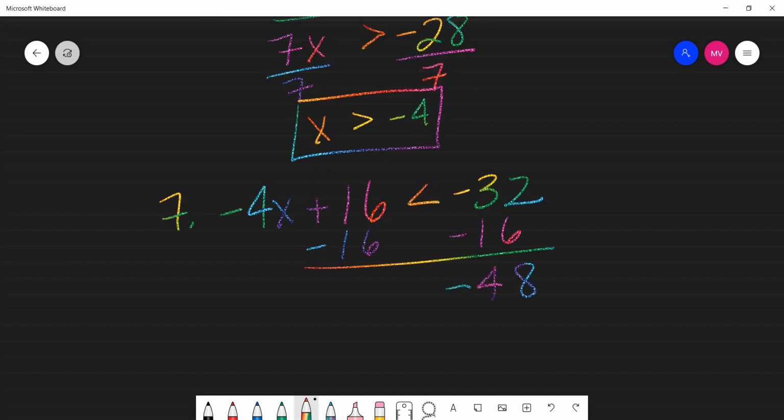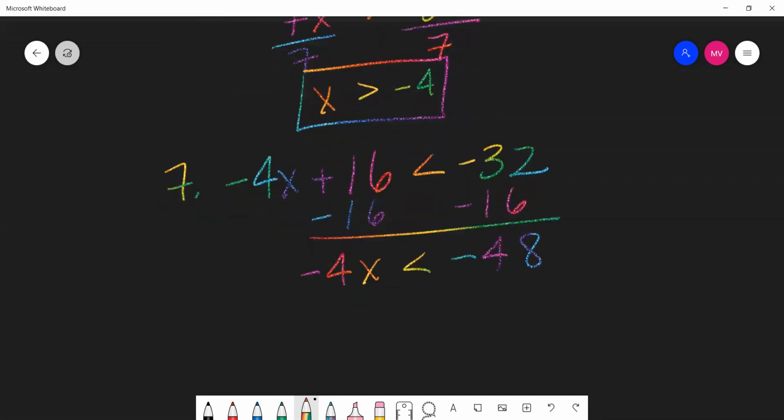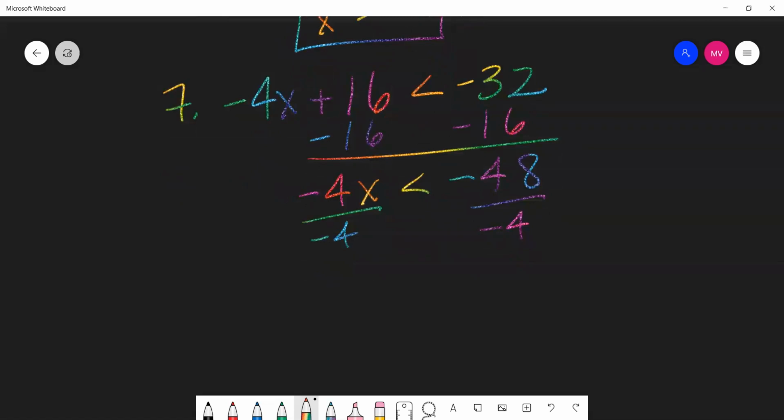All right, so what's my full inequality up to this point? Okay. So the next step. Yes, divide both sides by -4. All right, so once I do that, what is my final inequality?